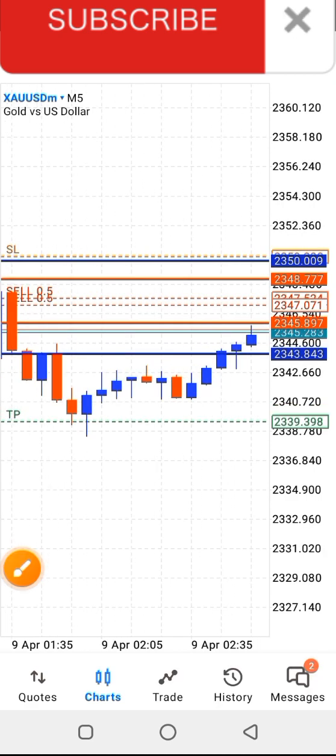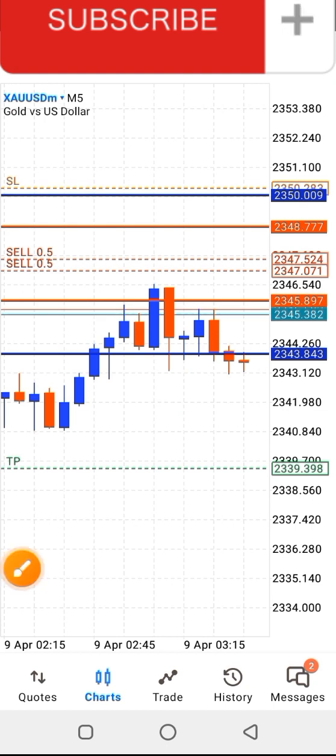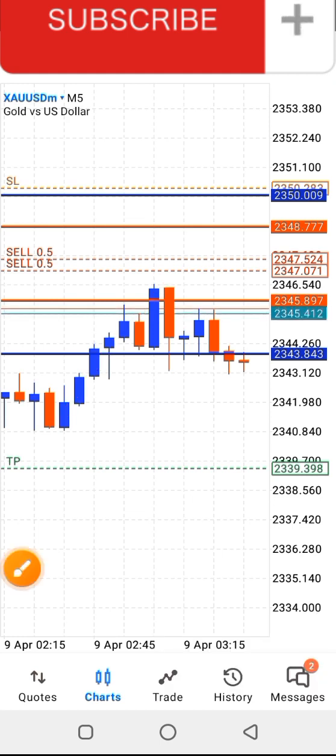I saw price coming back there again and tapping into it a second time. So this trade is not a high probability trade. The probability that it will bounce from there, that it will sell from there, is lower. Okay, but I knew sellers were still there, so I decided to take the trade because the level is very strong.